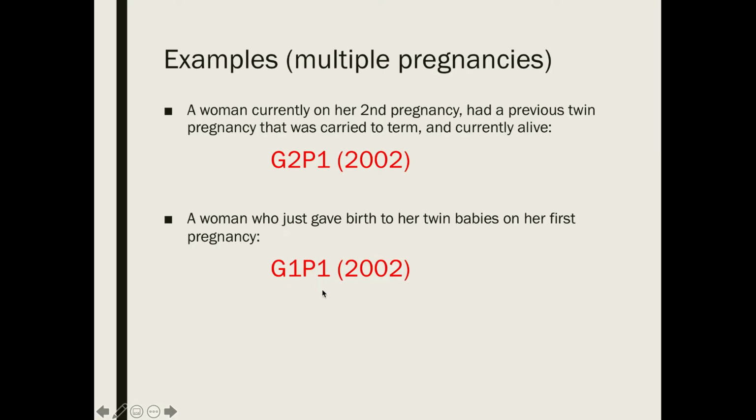Okay, so we put in the twin babies here in the FPAL portion. So instead of G1P1 1001, if that were a singleton pregnancy, but since this is a multiple pregnancy, we denote it as G1P1 2002 because 2 would mean she has two babies in one pregnancy. All right?